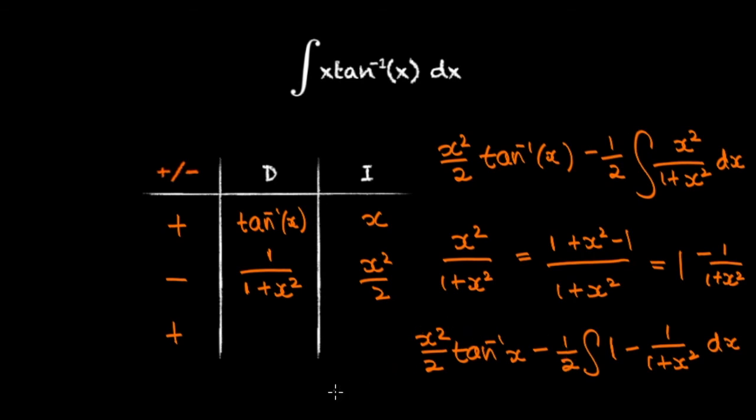And so we get x squared over 2 inverse tan x, so minus a half x. And of course this is the derivative of inverse tan, and so we get positive a half inverse tan x plus c.